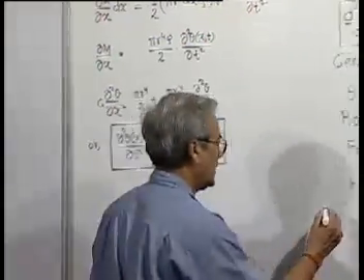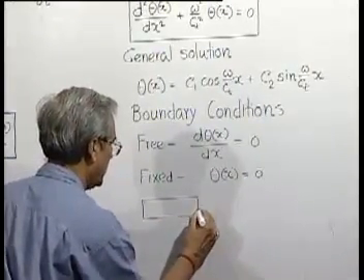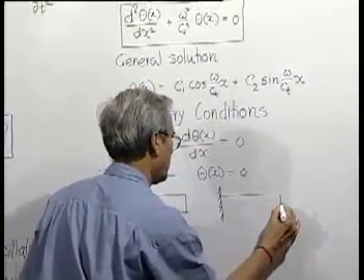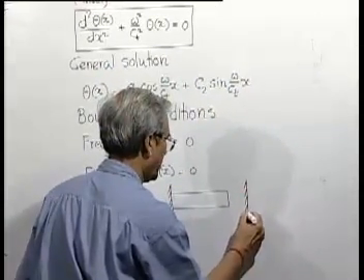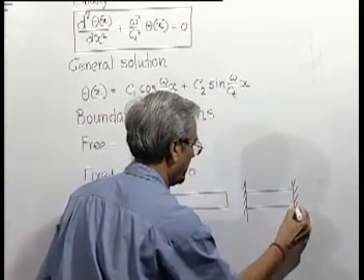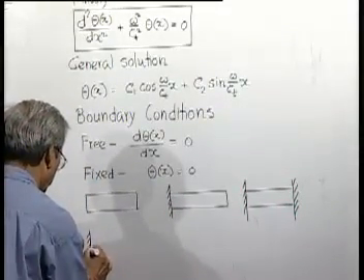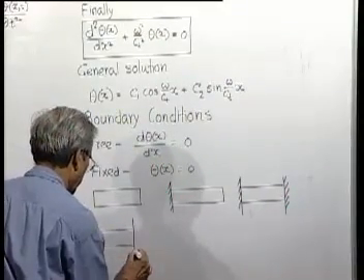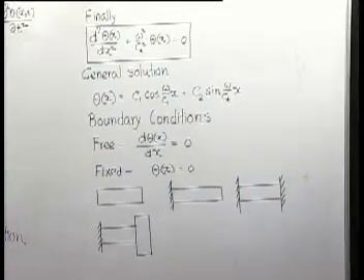So one can easily solve various types of conditions: free, fixed free, and fixed, and a shaft carrying a disc at the end.